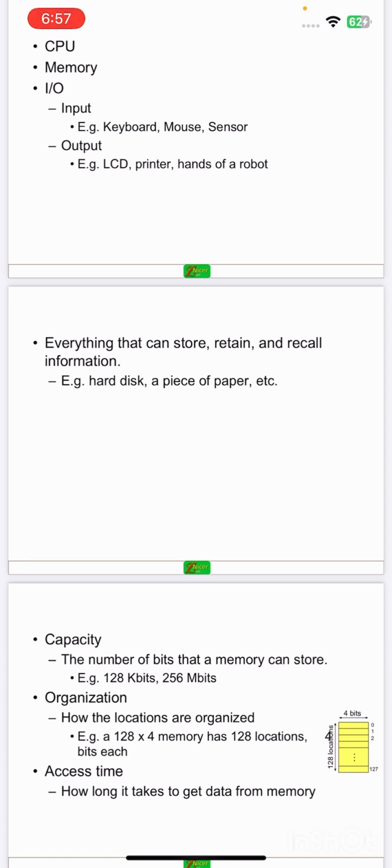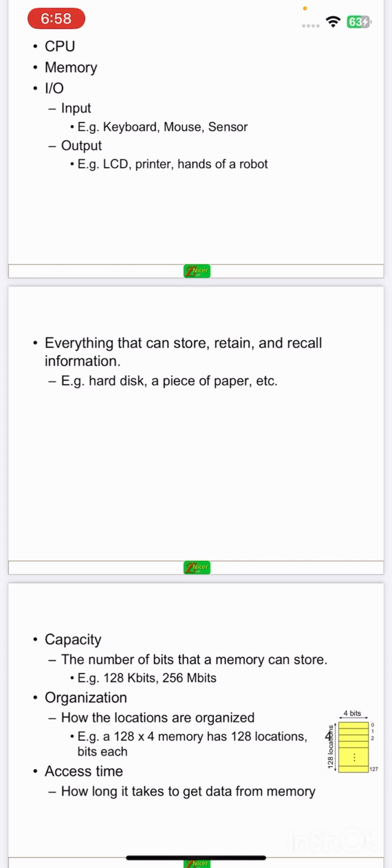Memory is everything that can store, retain, and recall information. What actually is memory? Memory is anything that has the ability to store information, data, structure, and algorithms.